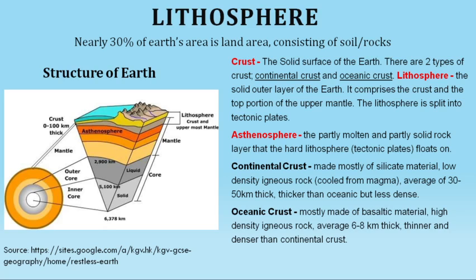So, talking about the next layer, that is mantle, near about 50% of the Earth's lithosphere is occupied by the mantle region, and the temperature in the mantle region is quite high compared to the crustal region.